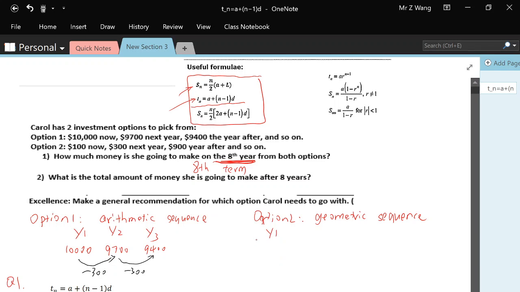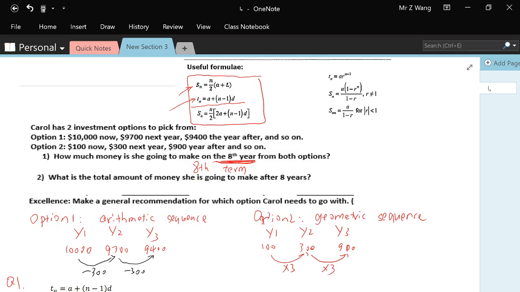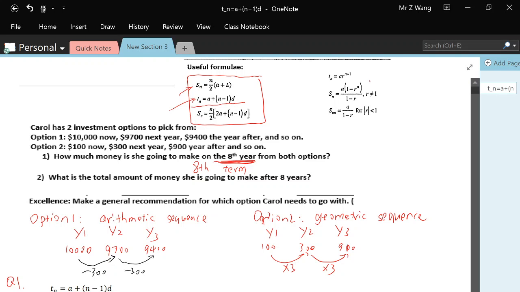Year 1 is 100, year 2 is 300, year 3 is 900. It seems that you're timesing it by 3. Every time you're multiplying or dividing, this is a geometric sequence context. For geometric sequence, we are focusing on this column of formulas.